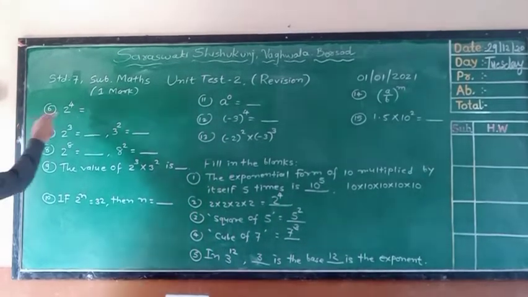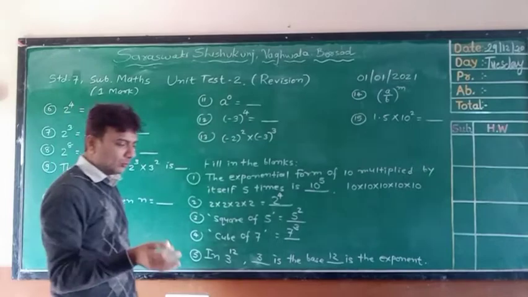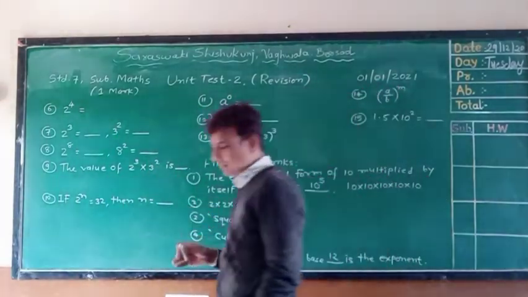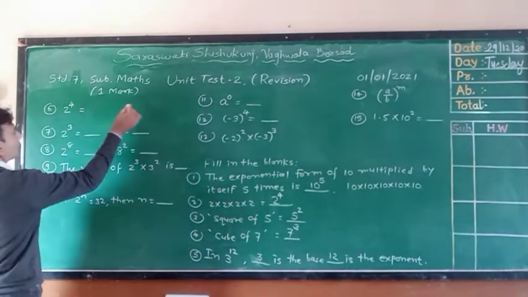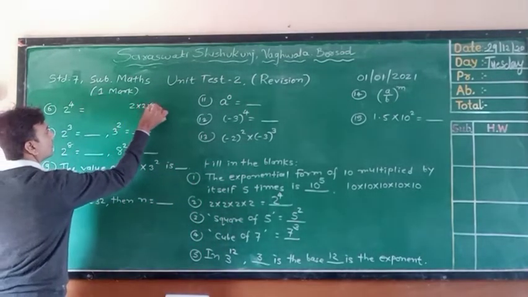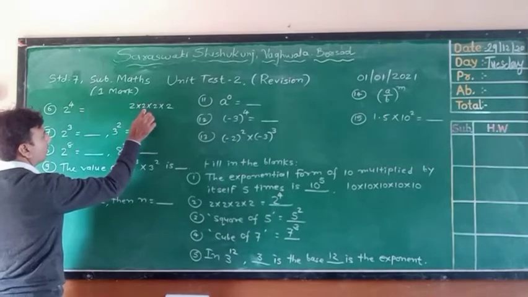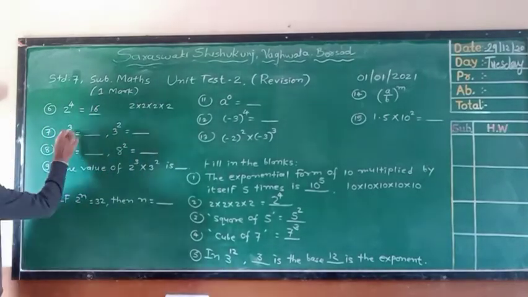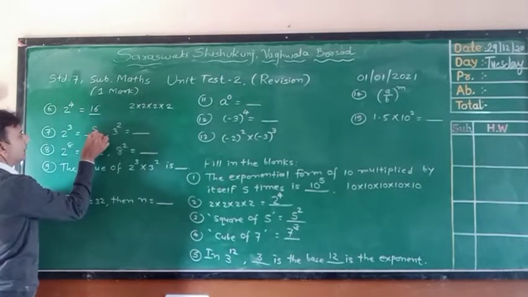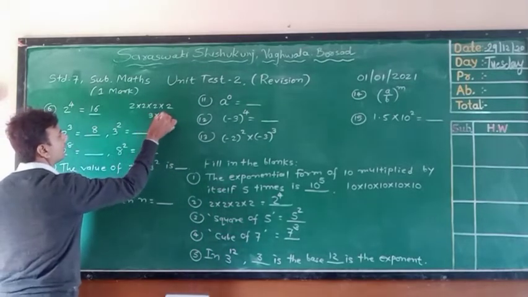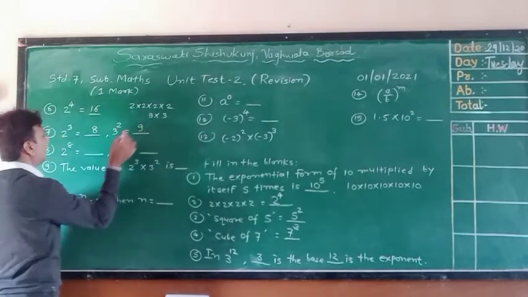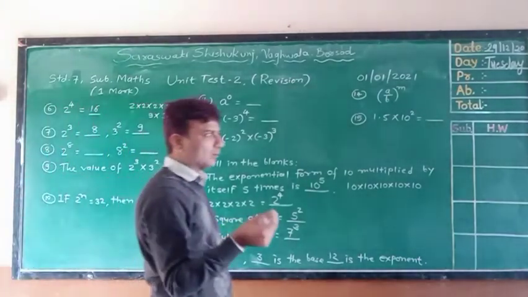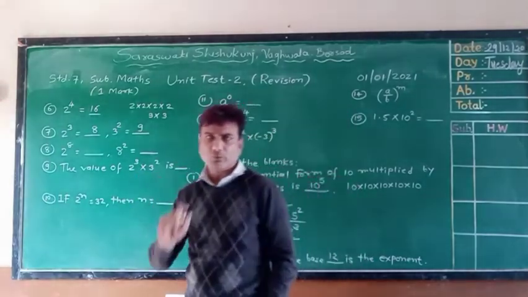Here 2 raised to 4 is given. That means we have to multiply 2 four times: 1 2 3 4. Simple. 2 times 2 is 4, times 2 is 8, times 2 is 16. 2 cube is 8. 3 square: 3 times 3 is 9. 2 raised to 8: 2 multiplied 8 times.